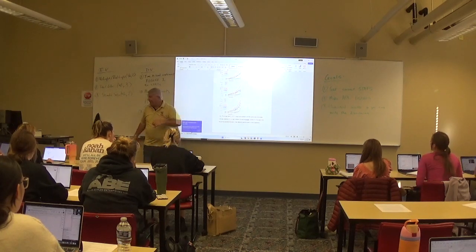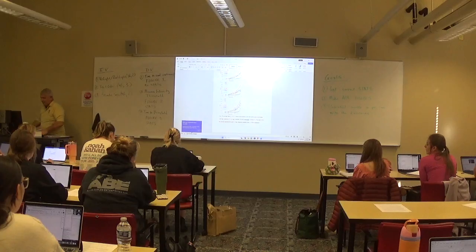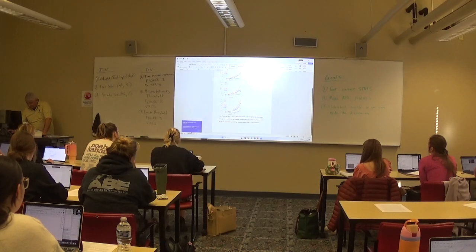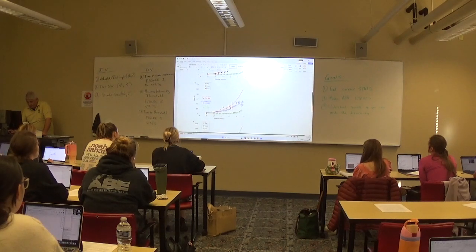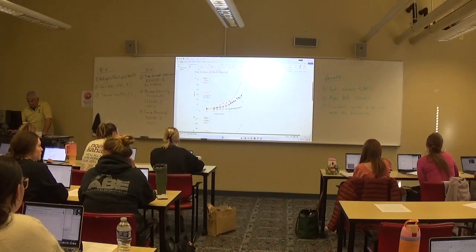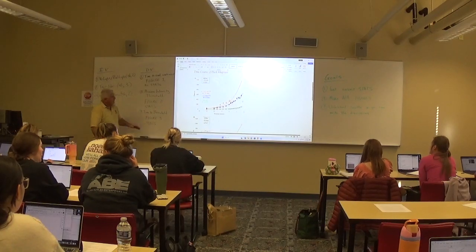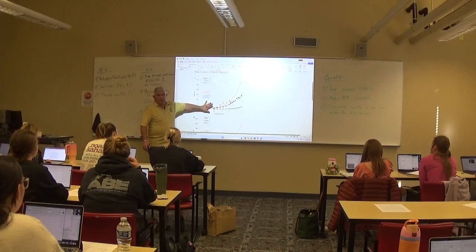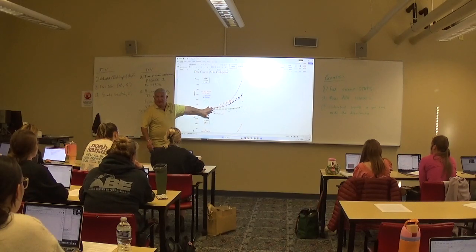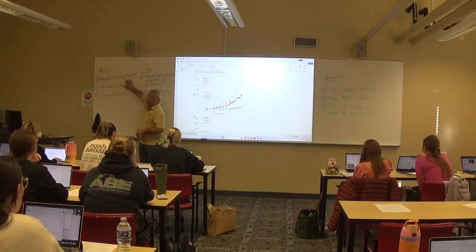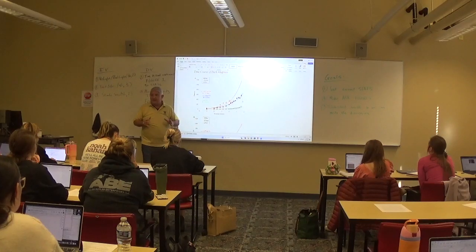So A, now I'm going to blow this up a little bit so we can see. A is both light conditions together, so not separating out red light and no light, but if we just look at them together.